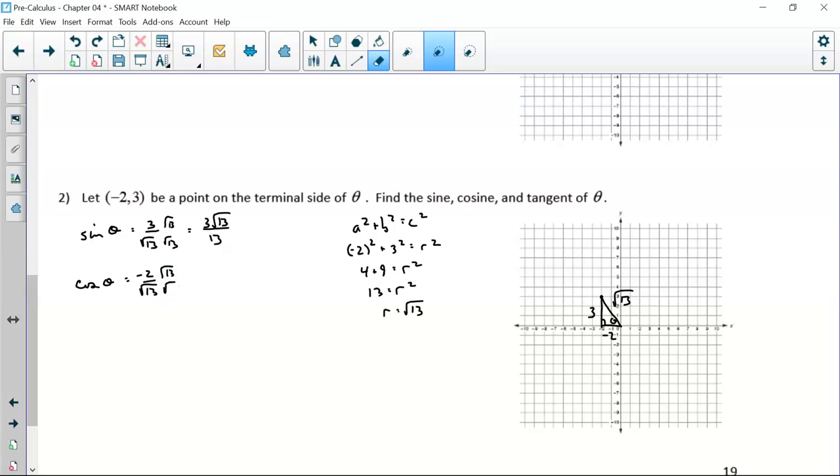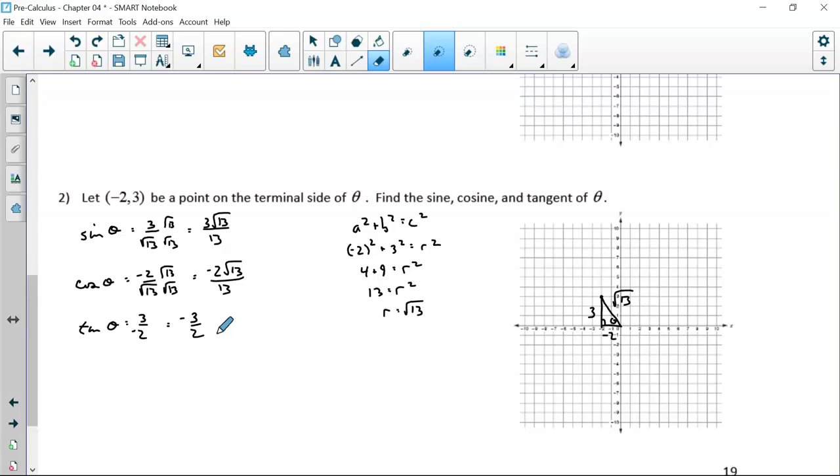Rationalize it again. You get negative 2 square root of 13 over 13. You're going to be rationalizing these in your sleep. And then the tangent of theta, opposite over adjacent, 3 over negative 2. We write that as negative 3/2. Always move that negative up to the top. All right, so there's our sine, cosine, and tangent of any angle.